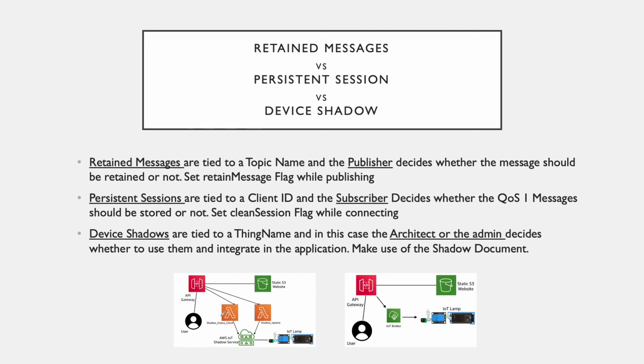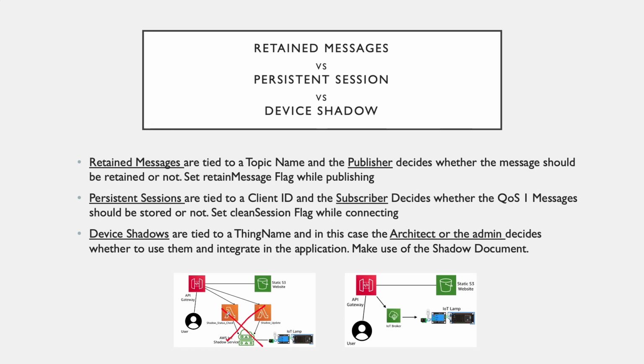API gateway will invoke Lambda functions, and then the Lambda functions will set the correct state of the device in the device shadow. Once it's set, the device shadow will then send a message to the IoT lamp asking it to turn on or turn off, right? So there's a disconnect between them because in case the IoT lamp loses connection or disconnects, it can come back and retrieve its latest state.